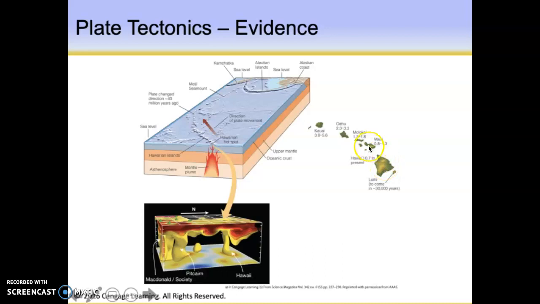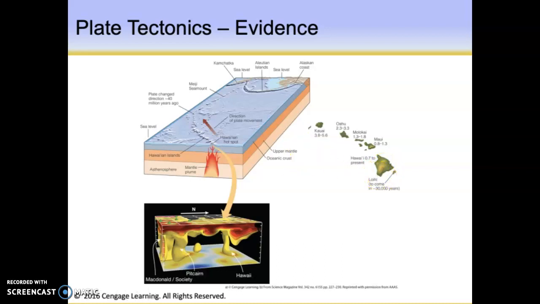If we go to the next island in the chain, Maui, we find volcanoes, but they've been inactive for quite a while. We go to Molokai, volcanoes, but they've been inactive for even longer. We go to Oahu, you can see they're older. Kauai, even older than that. And if we follow the chain up to here, 40 million years ago, and even older as we go farther up the chain. So this is kind of a weird set of volcanoes.